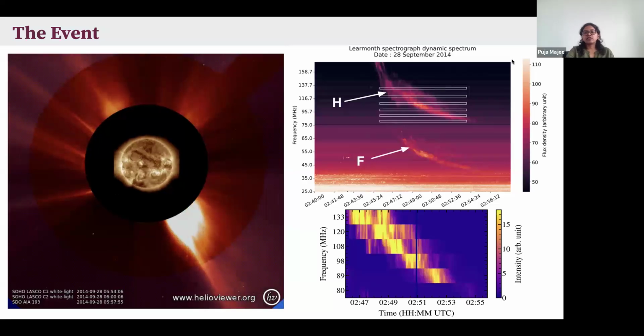This is again observed by the Learmonth spectrograph, and as you can see, this is the harmonic emission, this is the fundamental emission, and these 6 spectral boxes that you see here are the different spectral bands in which MWA has observed the type 2 burst. MWA has different configurations in which it can observe.